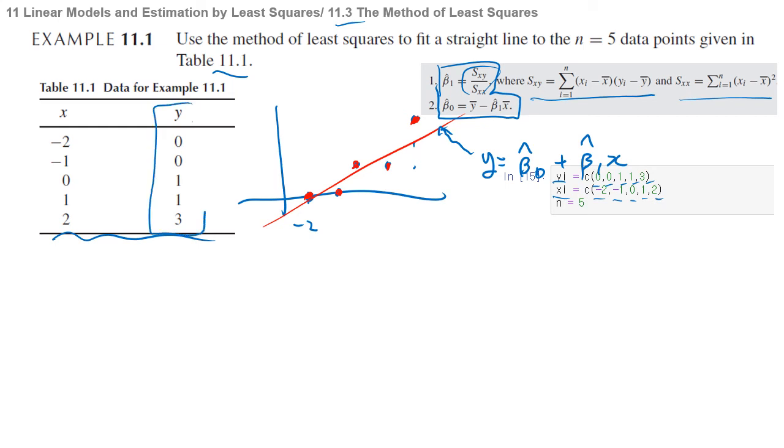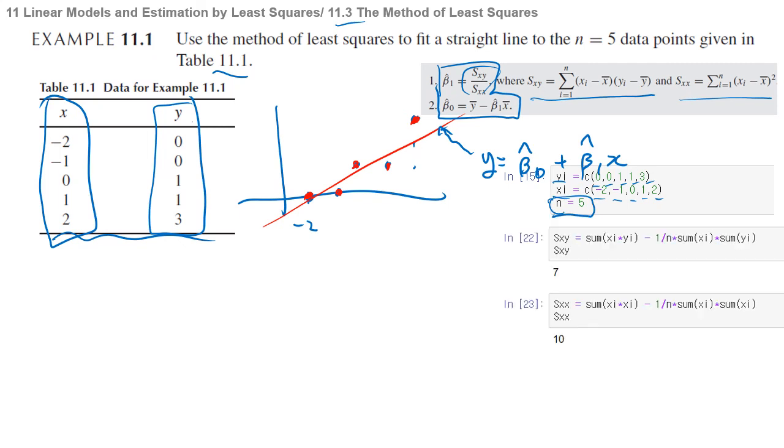Here your y and xi are here, and you have n equals 5. We have 5 observations, and now you can calculate Sxy and Sxx. So Sxy, the equation is this thing, and actually this expression can be rewritten as the sum of xi yi minus the sum of xi times the sum of yi divided by n.